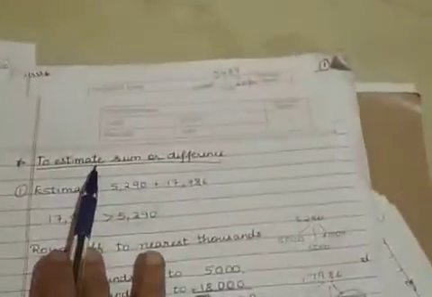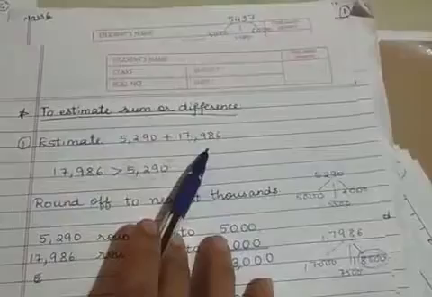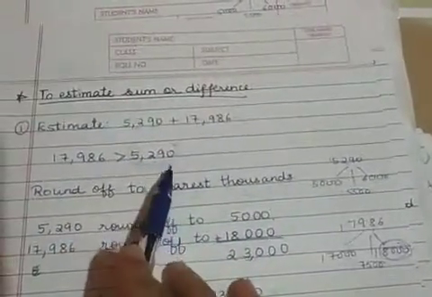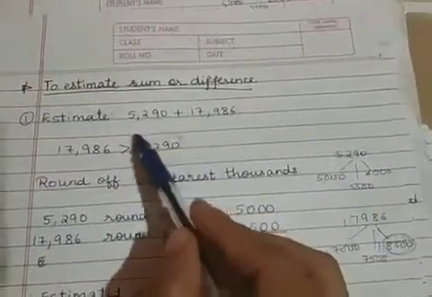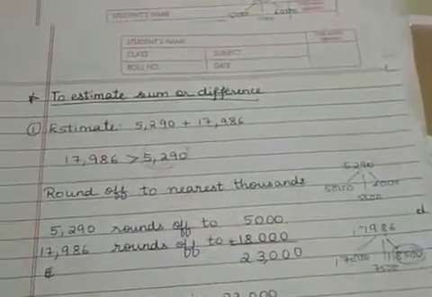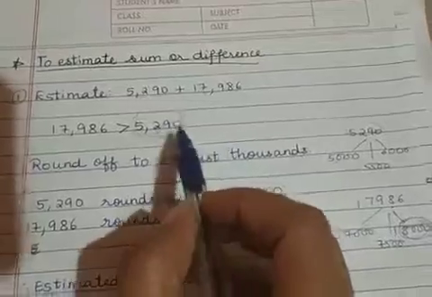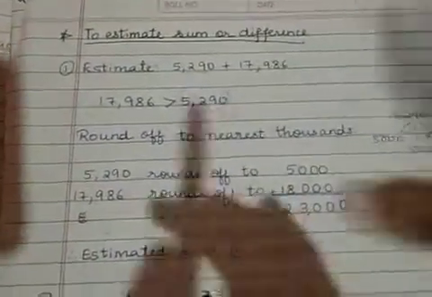So when you find the estimate of a sum or difference, you see which is the greater number and which is the smaller number. Consider the smaller number, and based on the number of digits it has, round it off to a place, and the larger number also you round off to that same place.